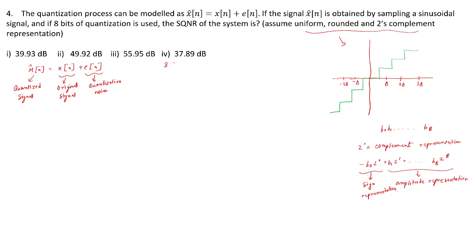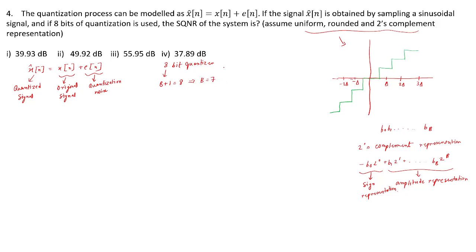When we say that 8-bit quantizer and we use 2's complement representation, we have seen that this 8 corresponds to b plus 1 is equal to 8, that is b is equal to 7.